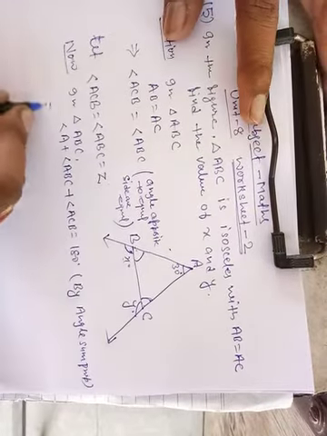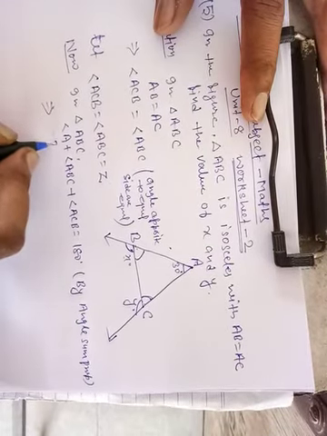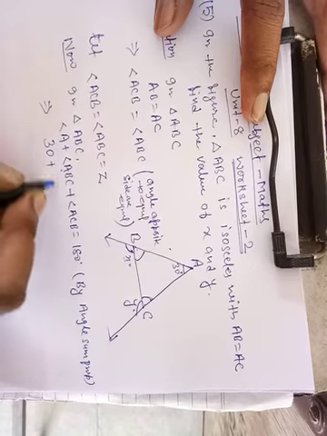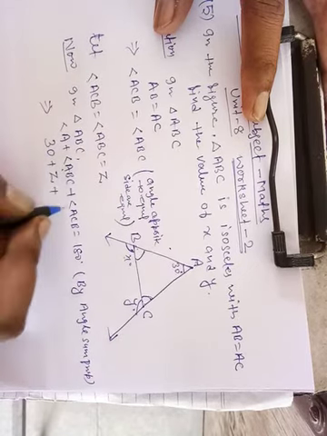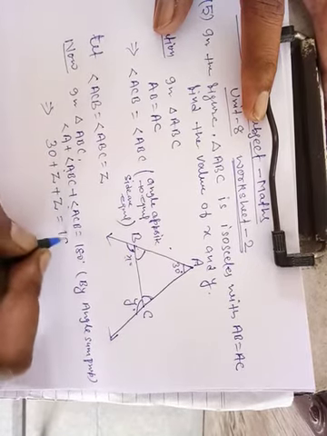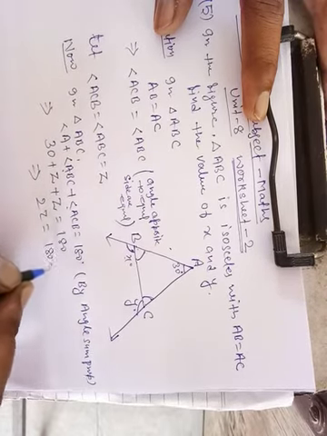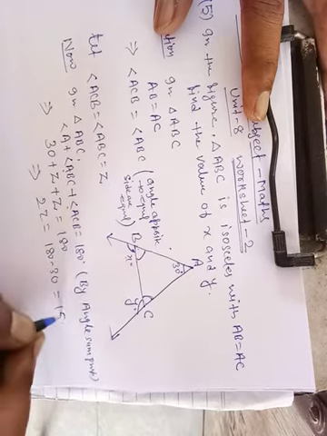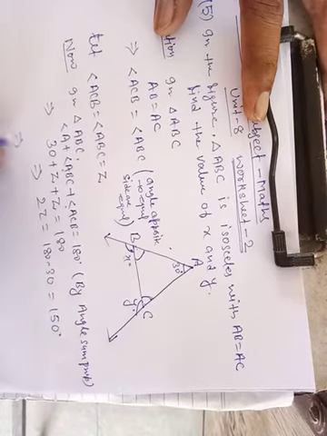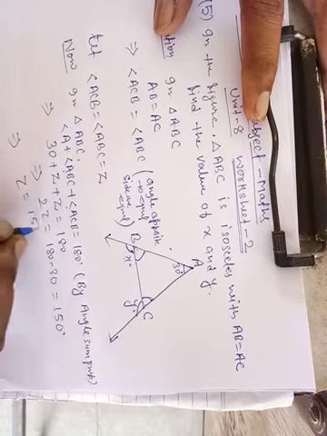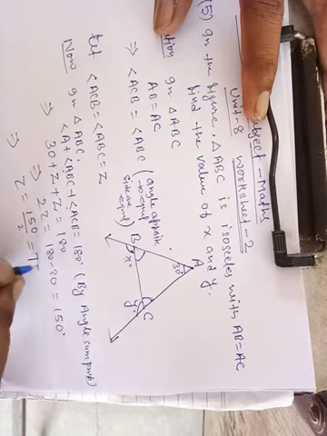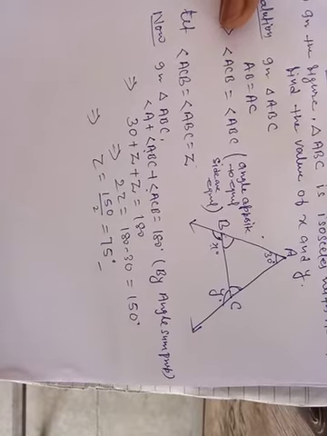Here angle A is 30 degree. So 2Z is equal to 180 minus 30, that is 150 degree. So Z is equal to 150 by 2, that is 75 degree. The value of Z is 75 degree.